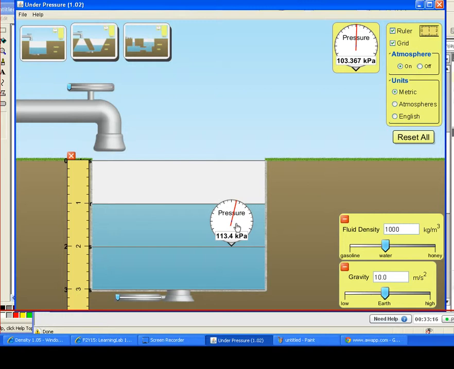Okay, can you similarly now estimate what would be the pressure reading at the 3 meter mark? When there was only air, the pressure was 103.43 kilopascals. I want you to tell me what it will be in this case.